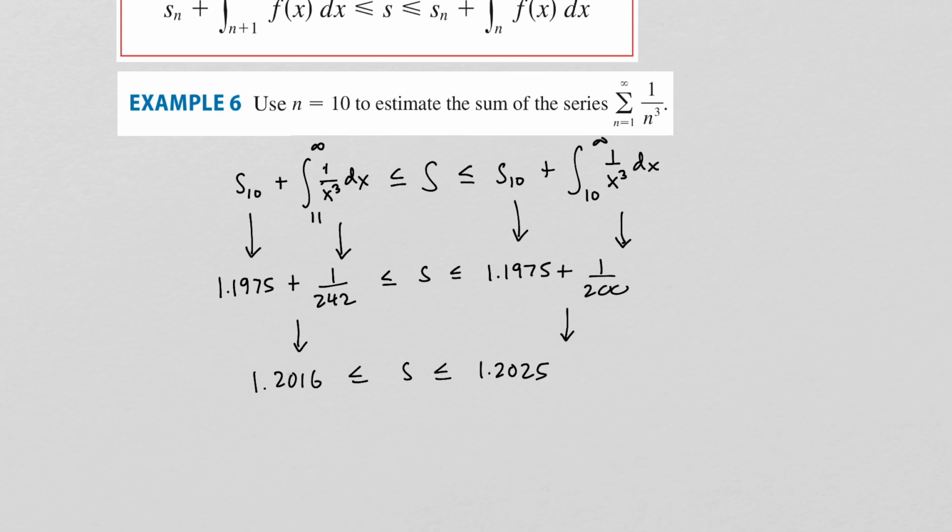So if we add up the first 10 terms of the series, that tells us that the estimate of the sum of the series is somewhere in between these two numbers. Okay, so the actual sum of the series is somewhere in between these two numbers. So it gives us an upper bound and a lower bound. We know the sum is at least this value, but no more than this value. And that concludes this video lesson.